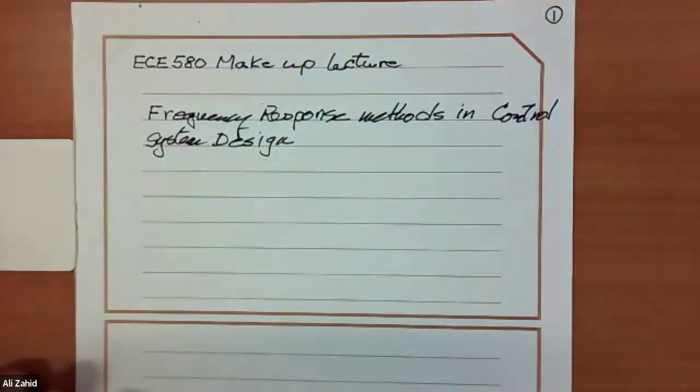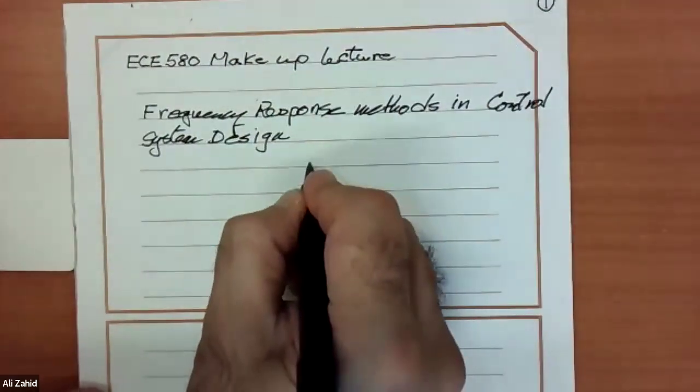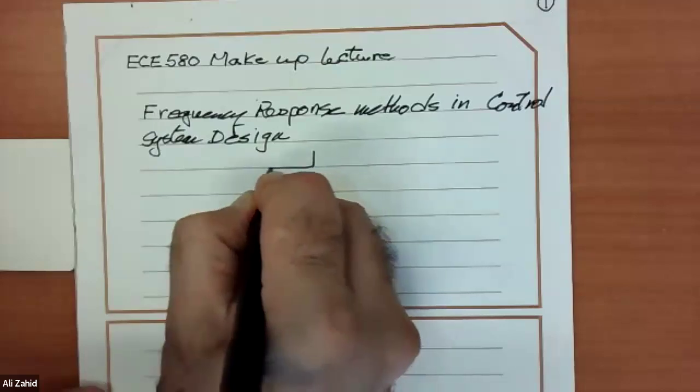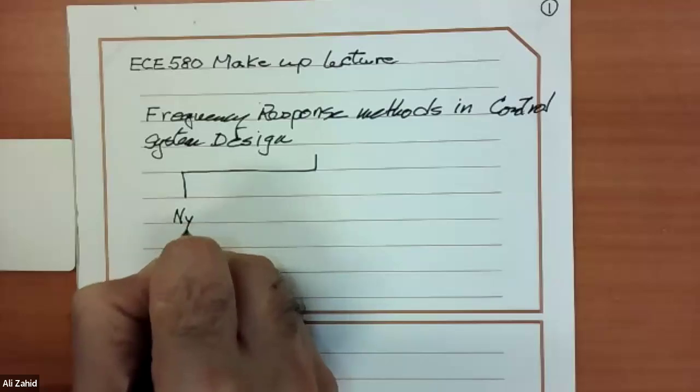We started, of course, with the analog system, as I will review it very quickly before we go to the digital. We said that we do have two types. The first one is referred to as the Nyquist plot.